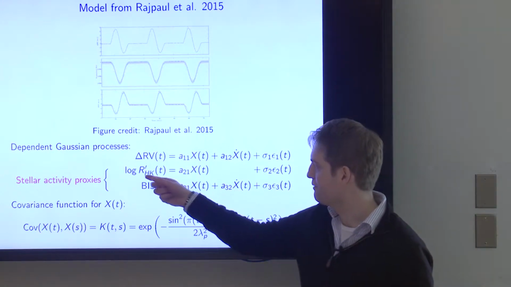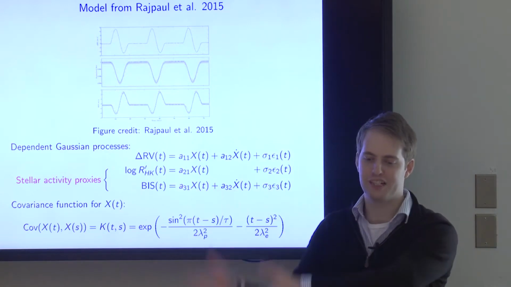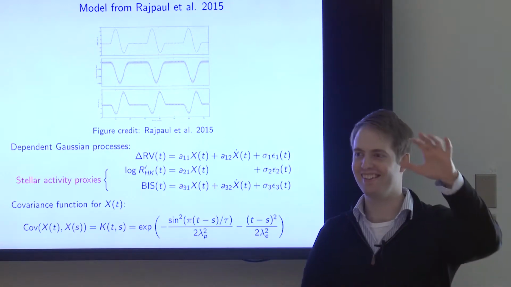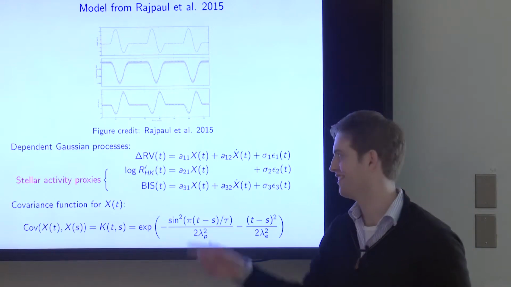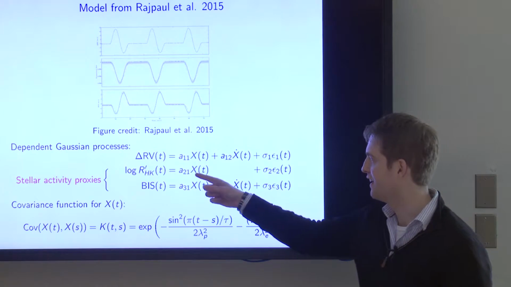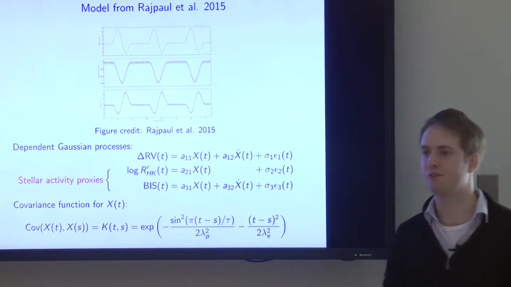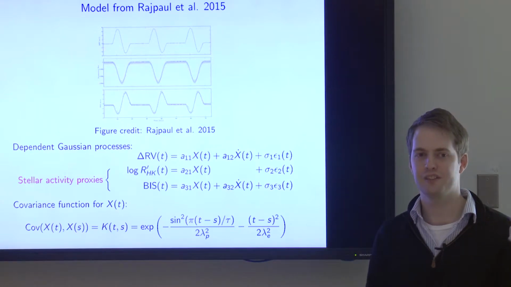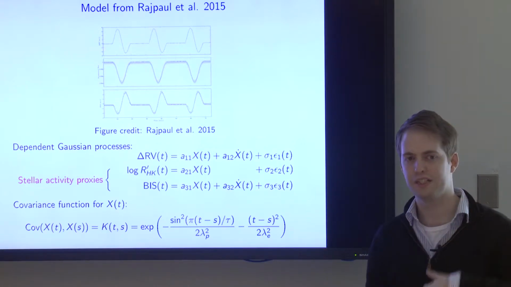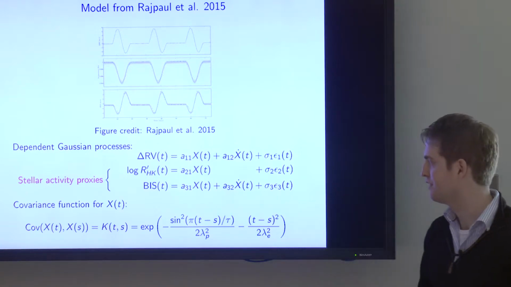And then they have some stellar activity proxy. This one is something to do with two absorption lines of calcium and their relative width. They say that's just modeled as a Gaussian process. And then there's this other stellar activity proxy, which is something to do with the asymmetry of some of the absorption lines in the spectrum. That's modeled as the Gaussian process and its derivative.